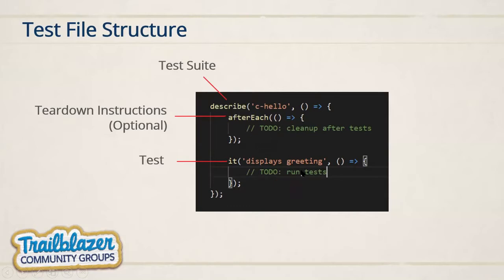Within that we are going to write all the test methods and all the dependencies. Here you see it test, displays greeting. Here we are going to run queries, and all the coding logic will be present right here. So this is the basic test file structure.